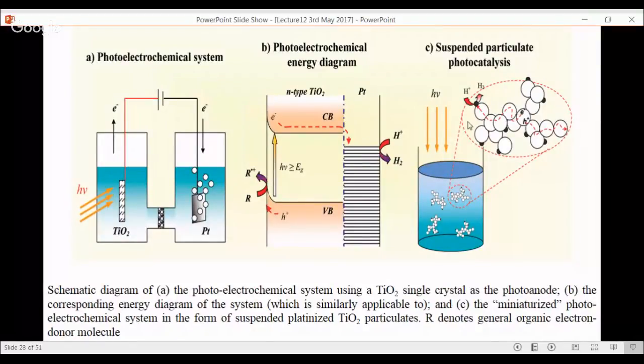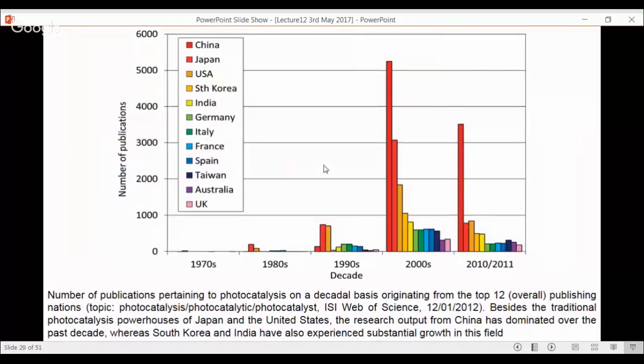On the right hand side we are showing a suspended particulate system in a photocatalytic mode. On the left hand side we are showing the photo-electrochemical system. In the center picture we are showing the energetics of these two. These we have already discussed, so we are not going to do that.